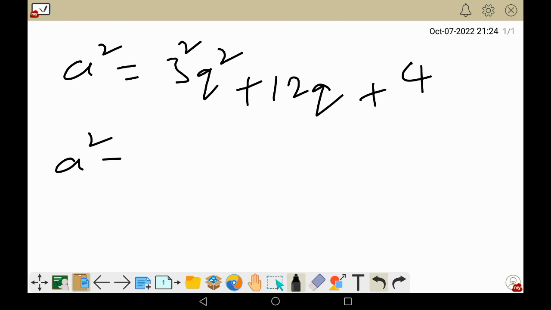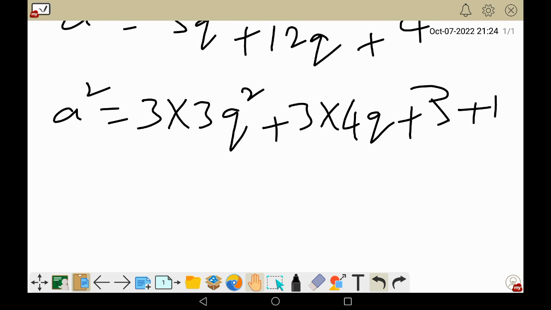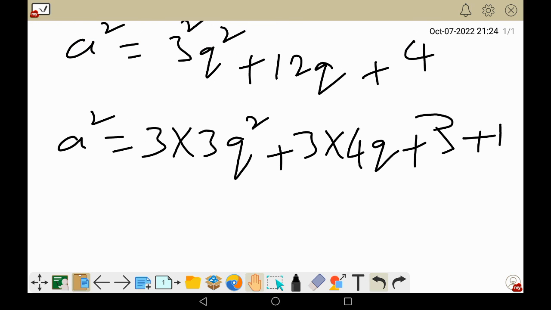A square is equal to 3 square, we can write it as 3 into 3Q square, plus 12Q, we can write it as 3 into 4Q, plus 4, we can write as 3 plus 1, because 3 plus 1 is equal to 4.